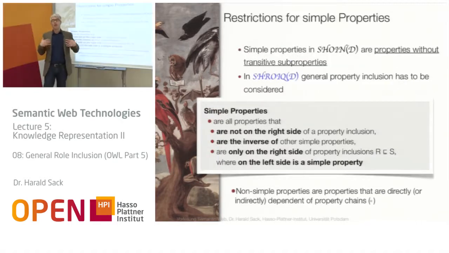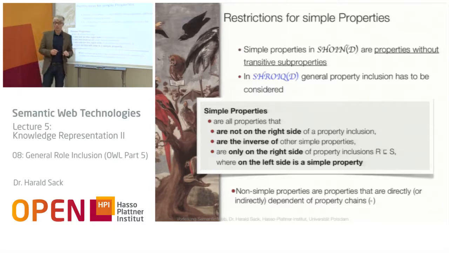So regular RBoxes are restricted to these rules of regularity, and so-called simple properties or simple roles. Simple properties in OWL DL are properties without transitive subproperties. In SROIQ D, it's a little bit more complicated because the general property inclusion has to be considered.